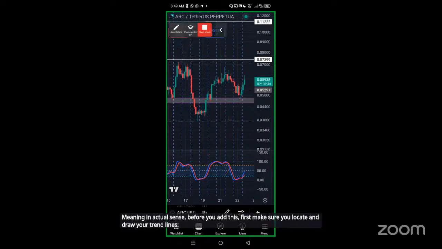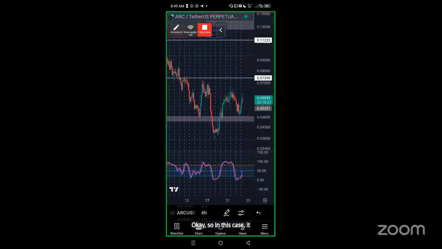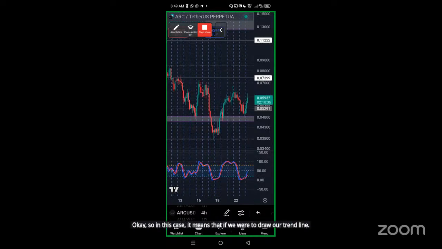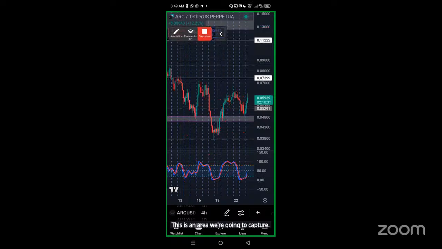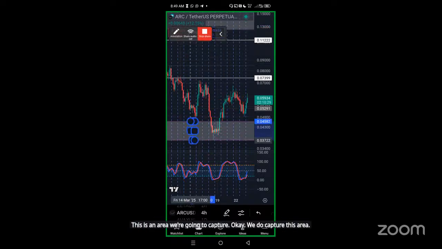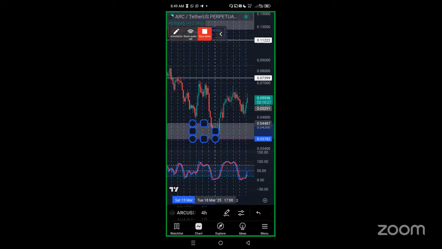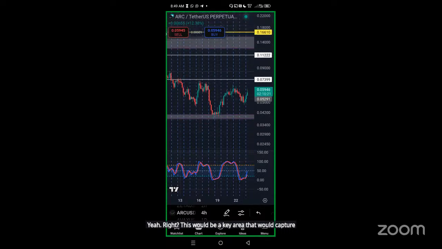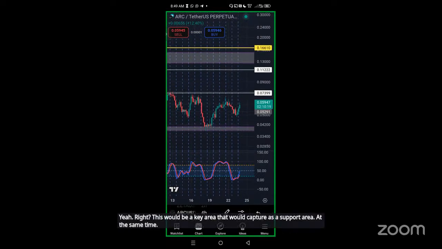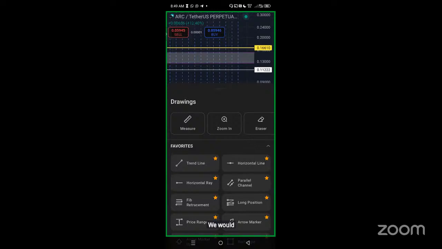In this case, if we were to draw our trend line, this is an area we're going to capture. This will be the key area that we capture as a support area. At the same time, we would look at this area as well.